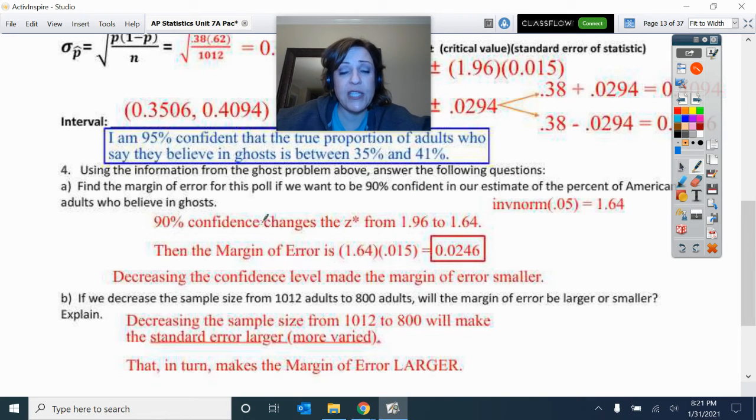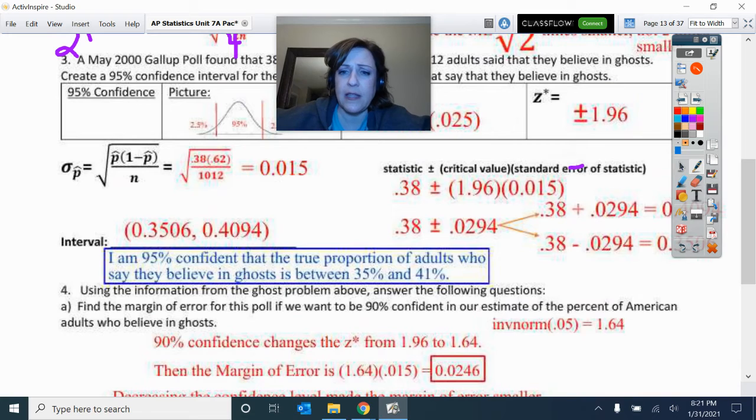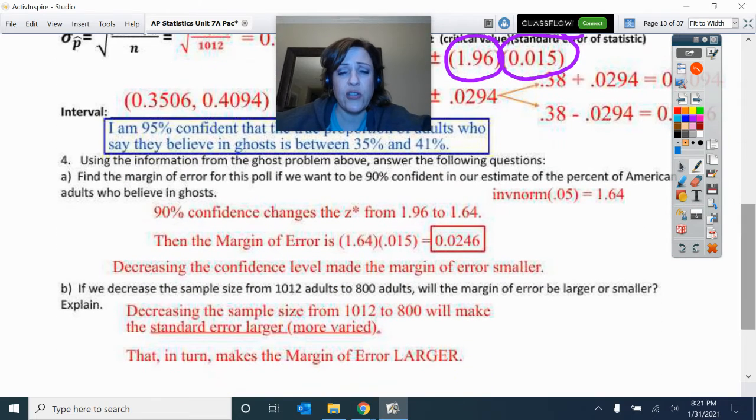So 90% confident is going to change that critical value from 1.96 to 1.64. This standard deviation stays the same, but that critical value will change. So that margin of error changes: decreasing that confidence level made that margin of error smaller. It was 0.0294, now it's 0.0246.